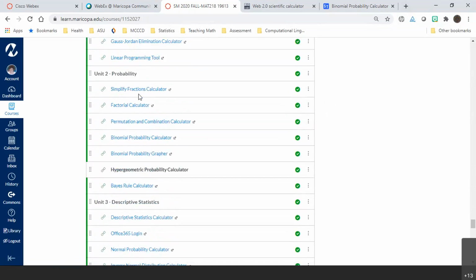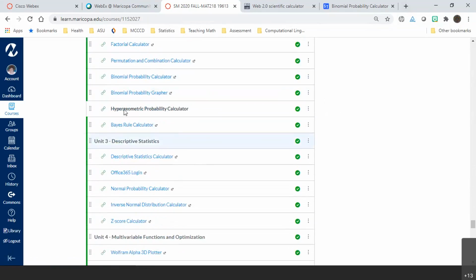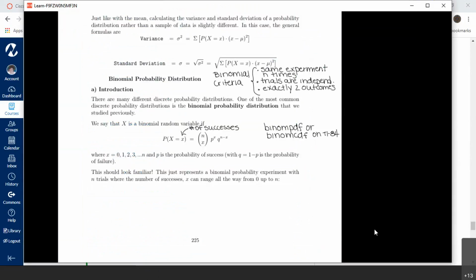I put it in the probability section because that's the first place we saw it. So please make sure you're comfortable with this, especially if you're one of the folks without a TI-84. I'm not asking you to use the formula to calculate binomial probabilities. Use the tool, or the online calculator.